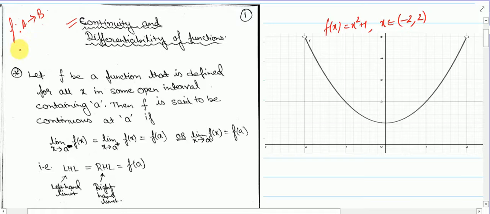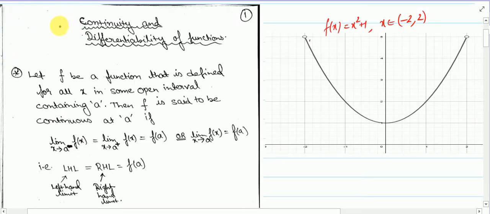And if the domain happens to be a subset of real numbers, and your codomain is also a subset of real numbers, then we say that this function is a real valued function. Now we will discuss continuity.